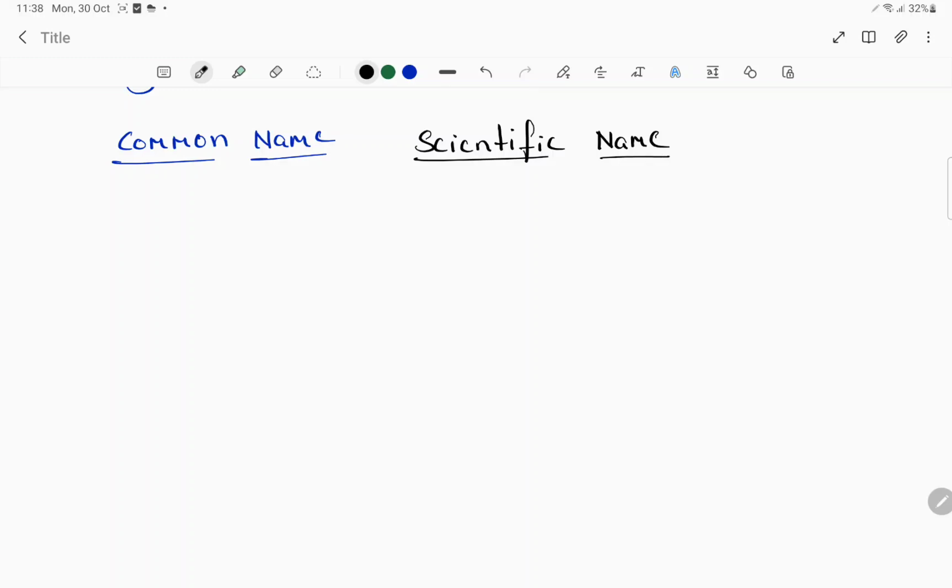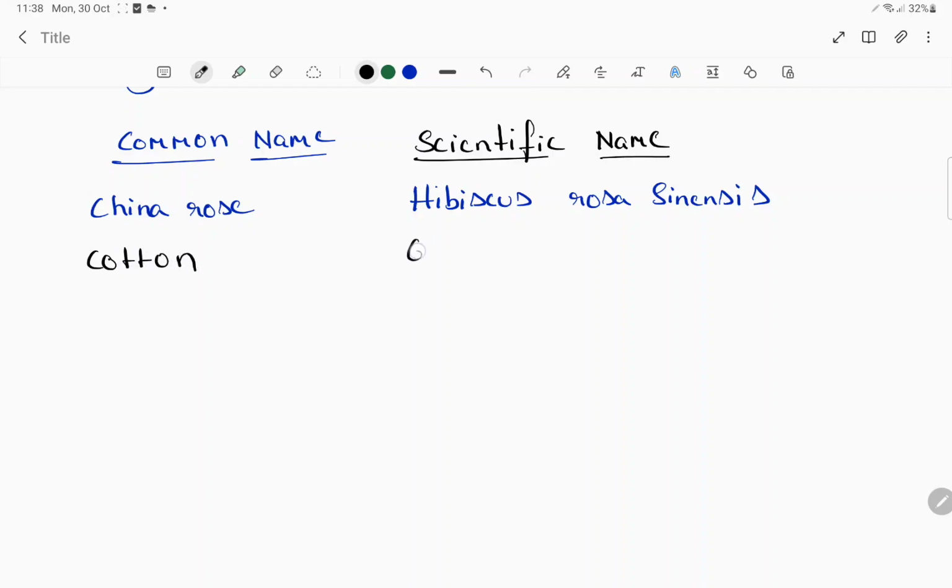Coming to the common name, China rose; the scientific name is Hibiscus rosa-sinensis. Next, cotton is Gossypium herbaceum.